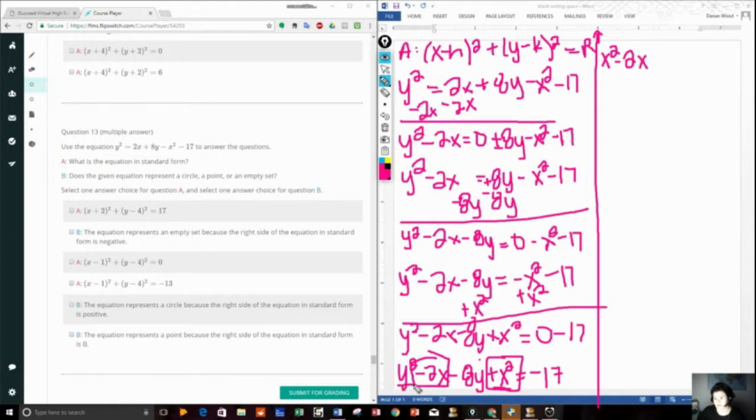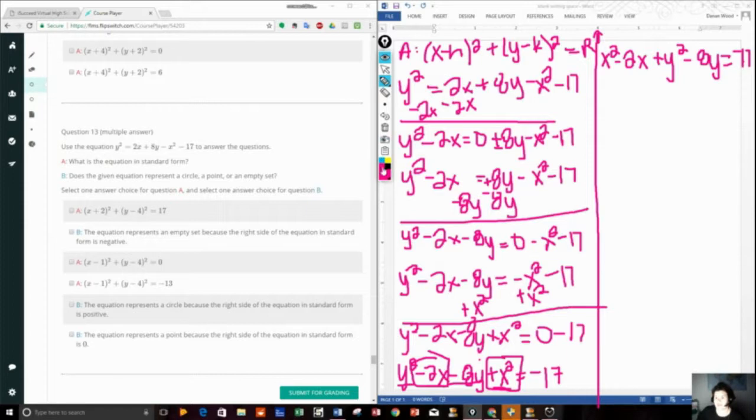And then we have y squared, which is assumed to be positive because there's no negative sign, and then minus 8y. And that's going to equal minus 17.